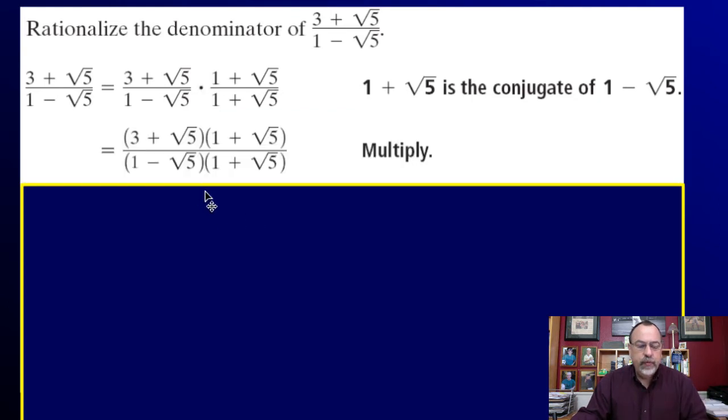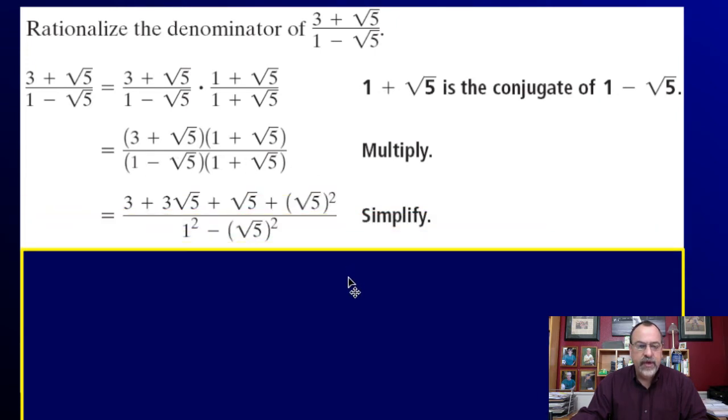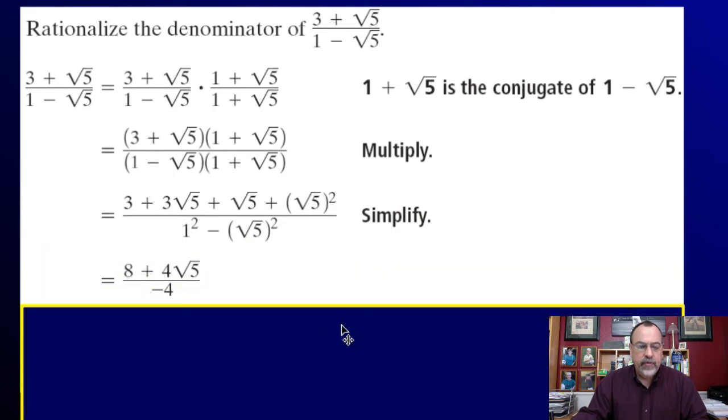So the rationalization process would look something like this, where I'm multiplying numerator and denominator by the same binomial expression, which is the conjugate of the denominator. The multiplication process produces a rational number in the denominator, and then the simplified numerator looks like this.